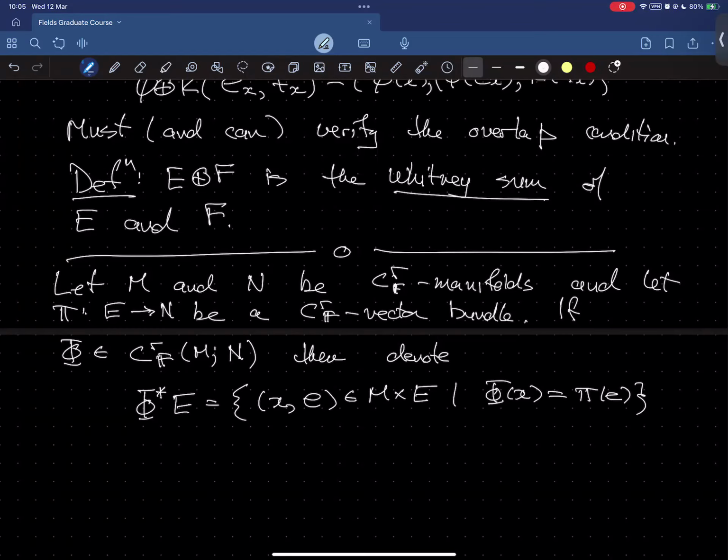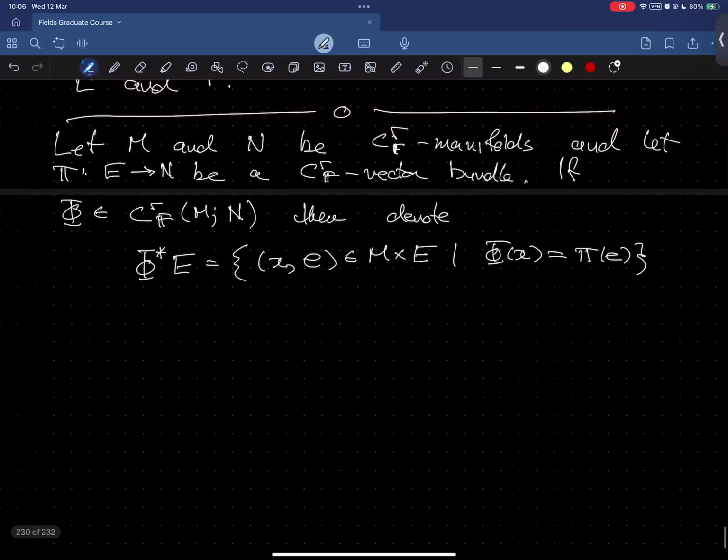So that makes sense, at least as a set. You can consider this thing. Whether this has any meaning or not is another story.